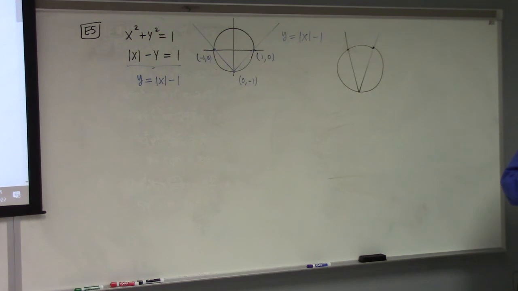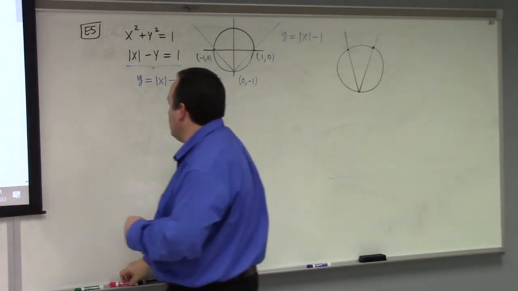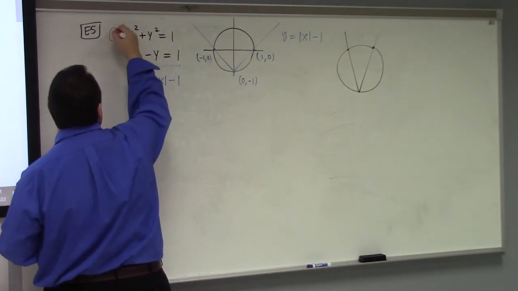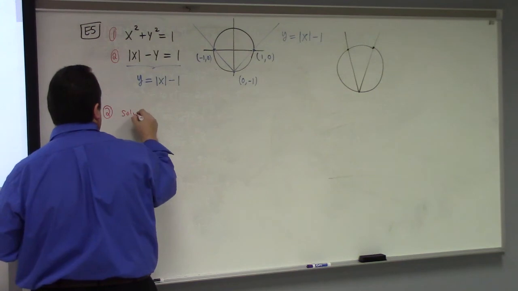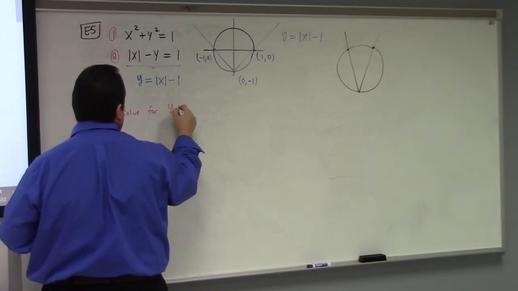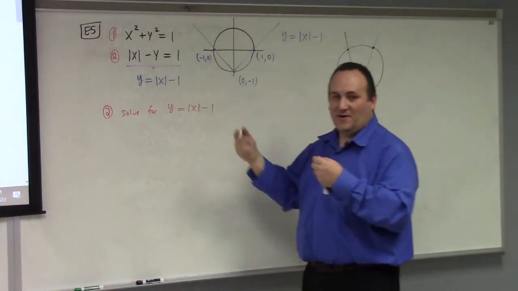I think what we want to do is substitution again. So if you look at equations 1 and 2, which one should you solve for a variable to eliminate it? I think we should use 2 and solve for y. It's right there, right?